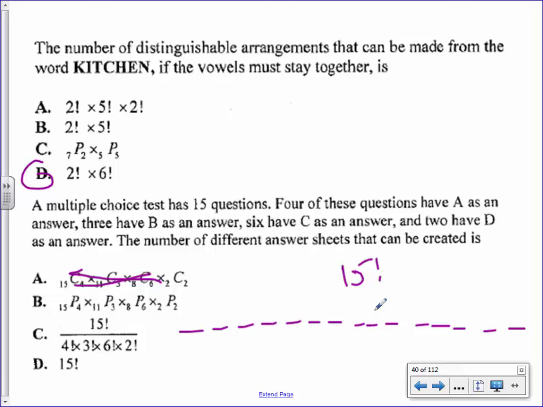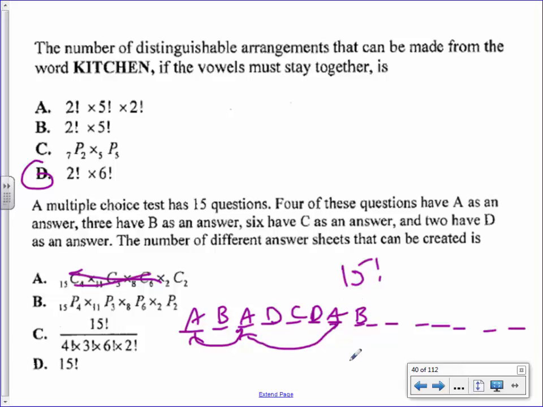Here's the problem, though. Let's say you make the answer key, and the answer key looks something like this: A, B, then A, then D, then C, then D, then A, then B, and something like that. What if you flipped this A and this A around? Would you actually notice the difference? What do you have in this example, then? Identical objects, yeah. You have identical objects because this A and that A and that A, they all look the same as each other. It's like the 2 books that look the same as each other.